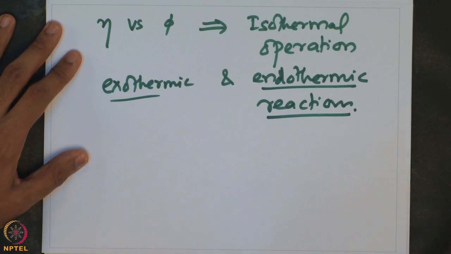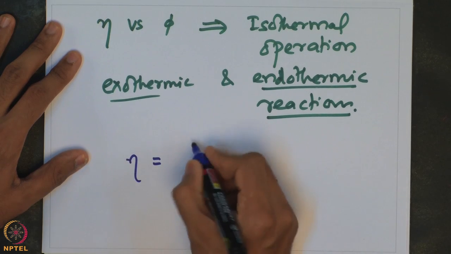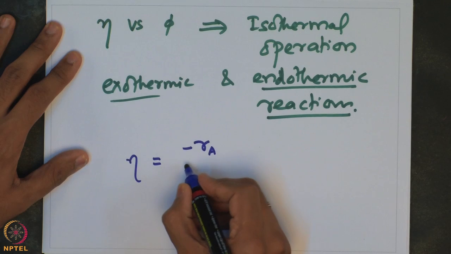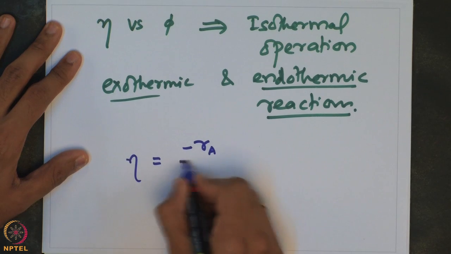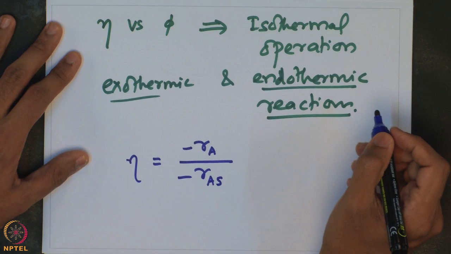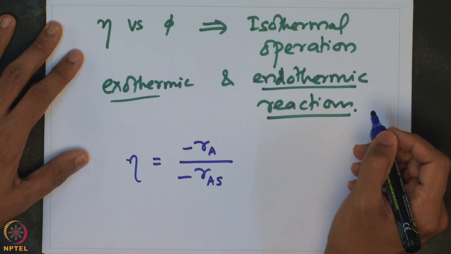So, suppose we look at the definition of effectiveness factor, which is the rate at which the reaction is actually happening in the catalyst pellet divided by the rate as though the concentration or the conditions everywhere inside the catalyst pellet is that of the surface conditions, that is the concentration of the species which is present at the surface and the temperature of the species at the surface.